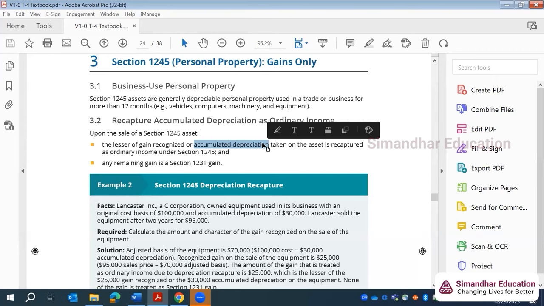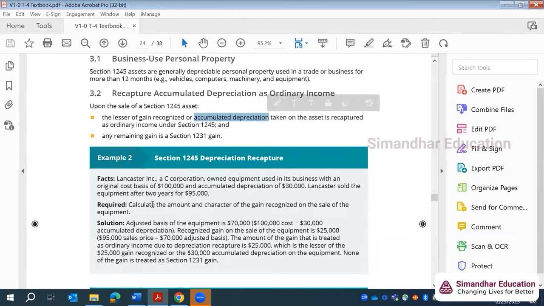If the sale price is over and above the actual purchase price, then anything in excess of the actual purchase price is your Section 1231 gain, which will be capital in nature. And anything that pertains to the depreciation of the asset will be your Section 1245 gain, which will be ordinary in nature. Okay, so let's read this example.